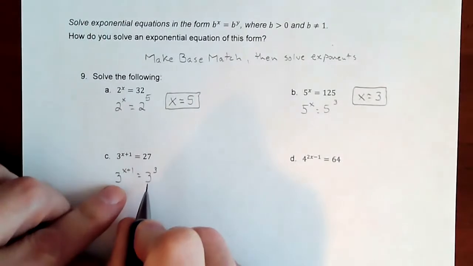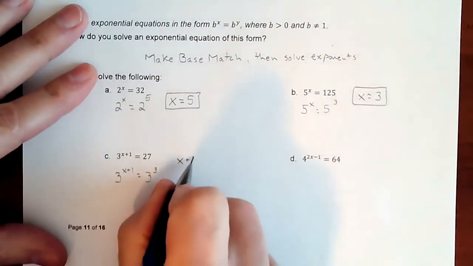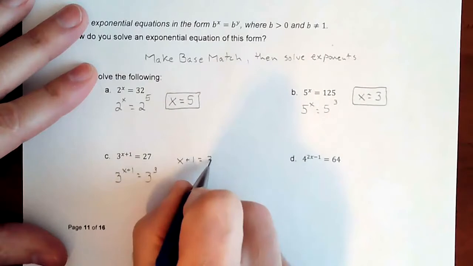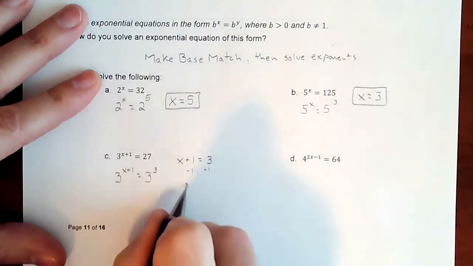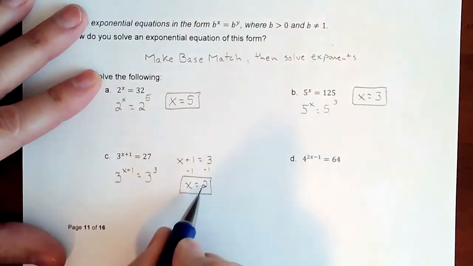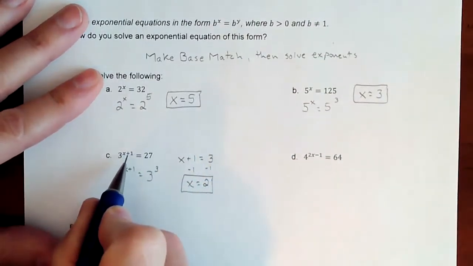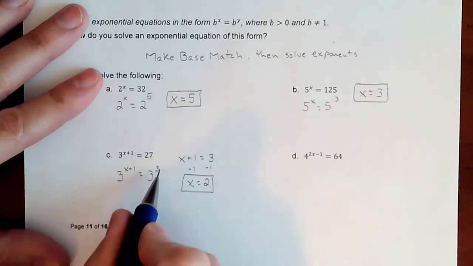And now if the bases match, the exponents need to match, so they equal each other. So the x plus 1 exponent needs to equal 3. And so I subtract 1, and x equals 2. If I plugged a 2 in here, I would have 2 plus 1, which would make 2 to the 3rd.